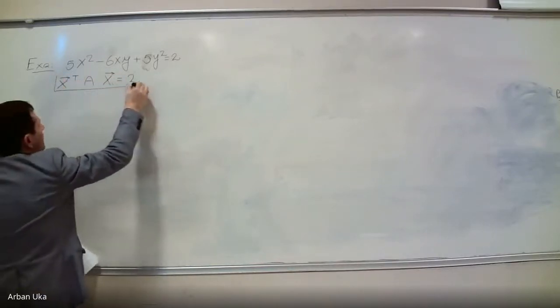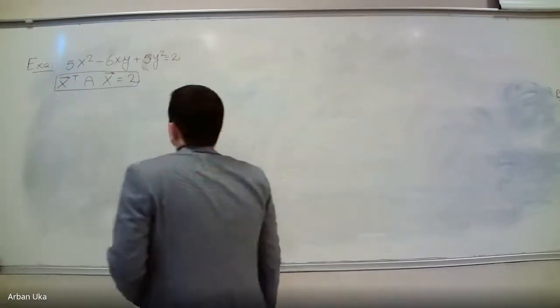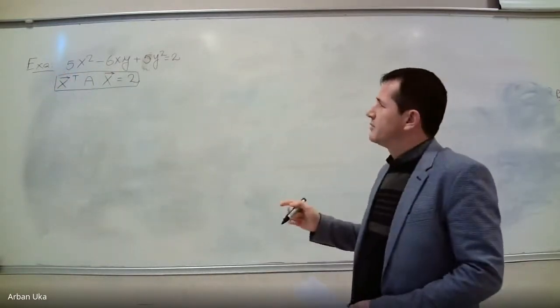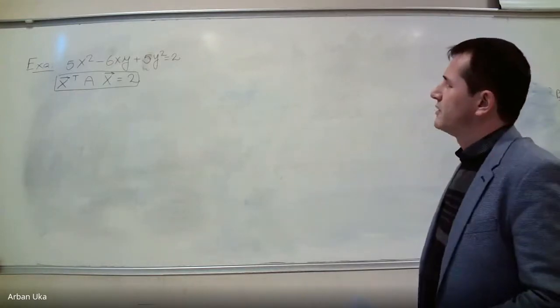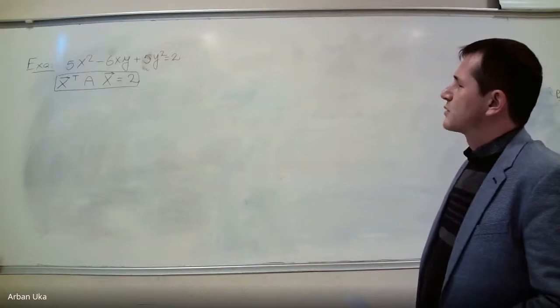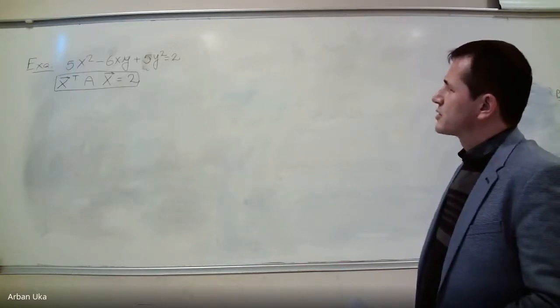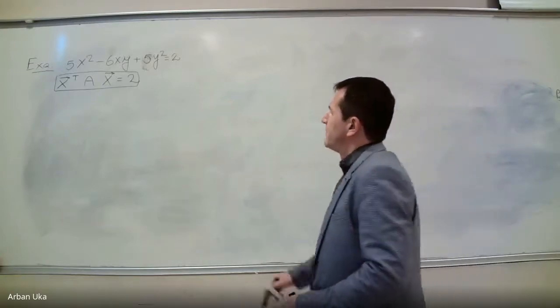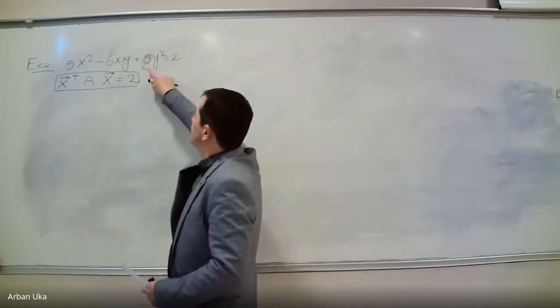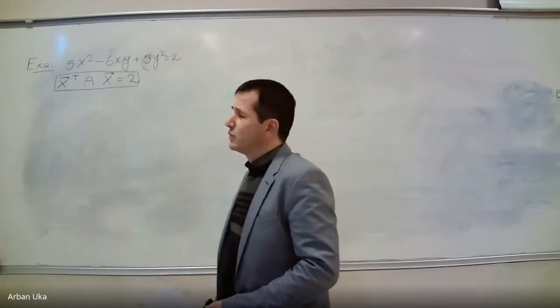So this is an expression which has some linearity in it because we only have x's and matrices. We don't see x squares and y squares very explicitly. So the first question is, is it possible for us to rewrite this expression as this term in here? Can we do that?